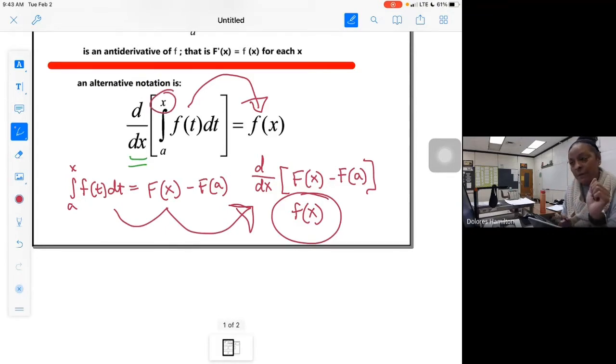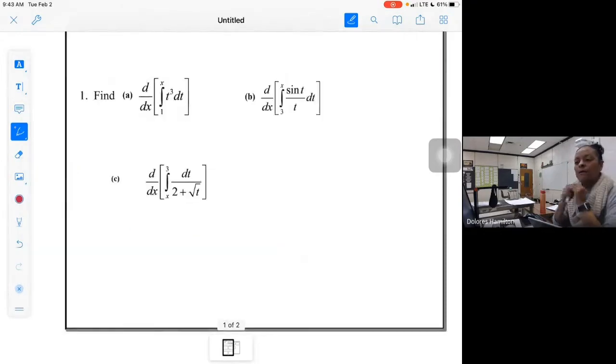I'm going to do some examples with you. So here we go. Here are three different types of problems. You'll notice for problem 1, I can actually antiderive that. I know that that's going to be t to the 4th over 4 plus c. I'm not going to do that though, because what the second fundamental theorem told us is that that has to be true. So what do I want to do?